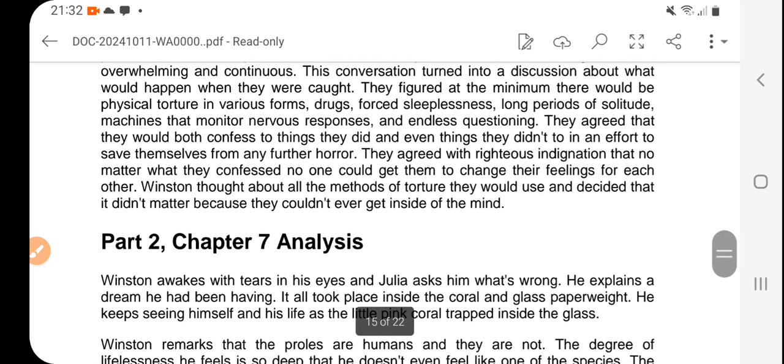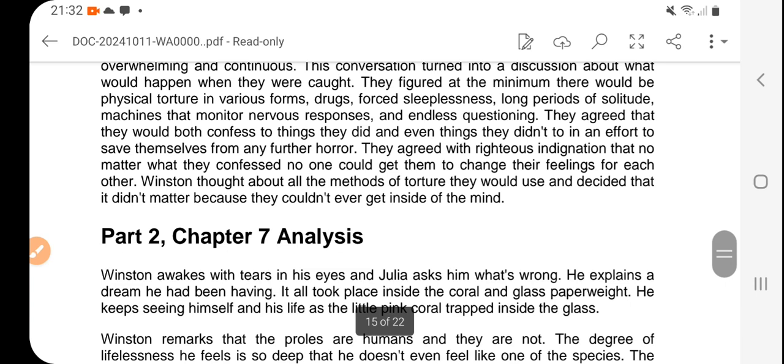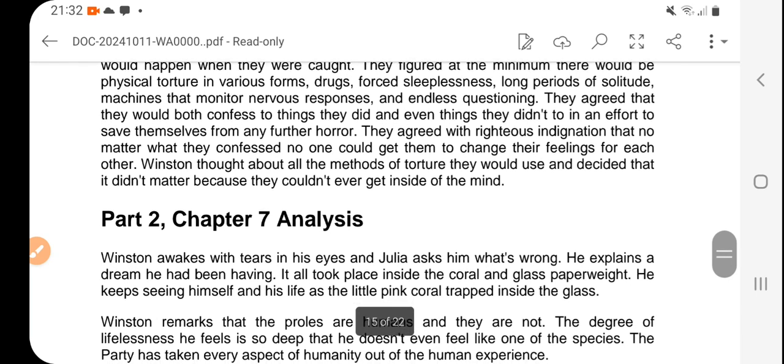They figured at the minimum there would be physical torture in various forms, drugs, forced sleeplessness, long periods of solitude, machines that monitor nervous responses, and endless questioning.